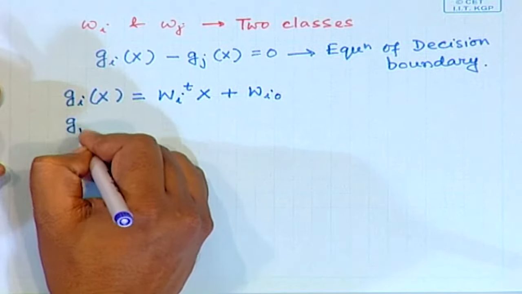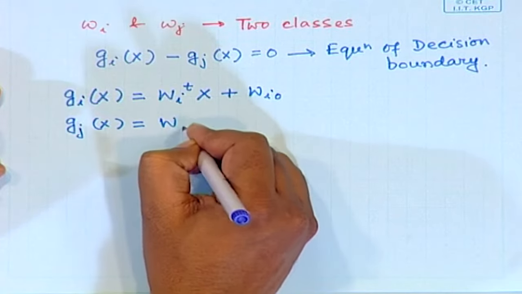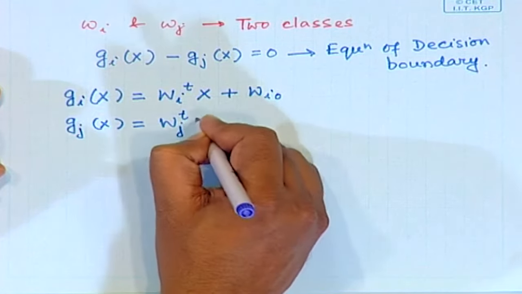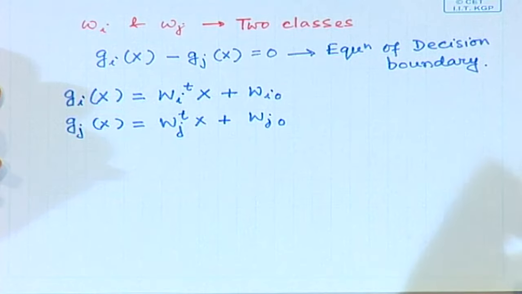Similarly, Gj(x) will be Wj transpose x plus Wj0.